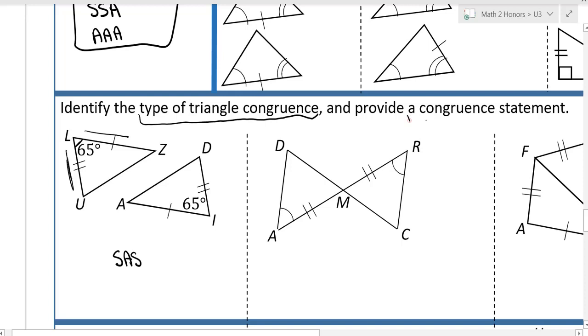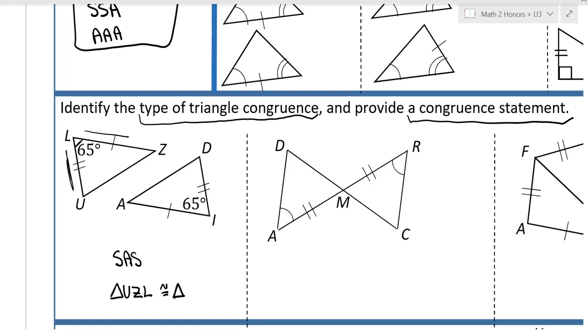And then we need a congruent statement. So a congruent statement would be something like this: triangle UZL is congruent to triangle. Remember, you can name the first one however you wish, but once you name the first one, you have to be careful how you name the second one.